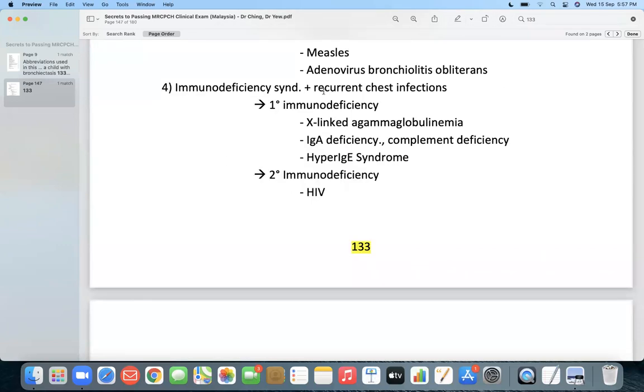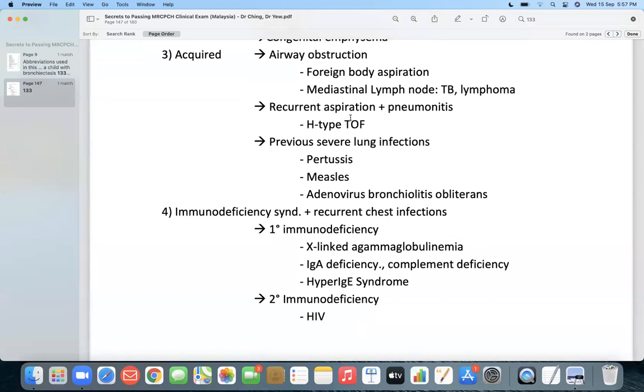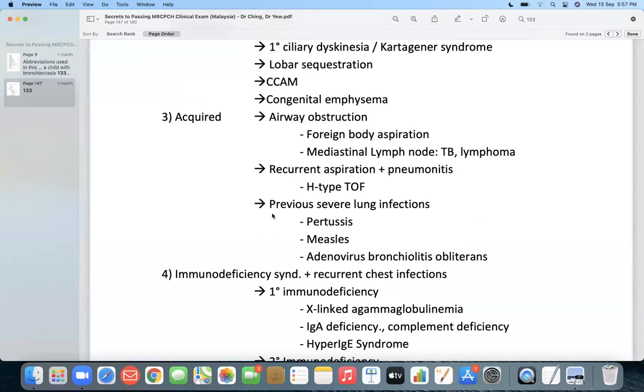Okay, so if there is no time, you can just mention the heading immunodeficiency syndrome with recurrent respiratory infections, and just 1 or 2 previous severe lung infections. I think adenovirus bronchiolitis obliterans is more important. Among these 3, this is very much important, so highlight this.